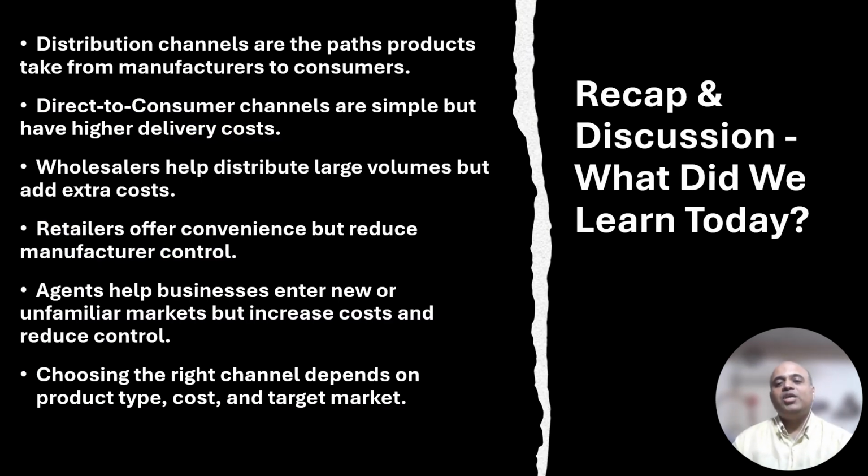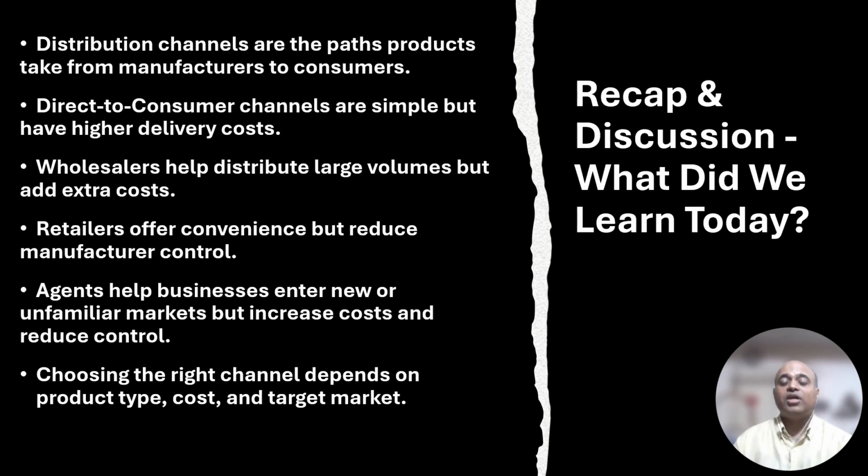Let's review the key points we covered in today's session. First, distribution channels are the paths products take from manufacturer to the consumers. Direct to consumer channels are simple but have higher delivery cost. Second, through wholesalers help distribute large volumes but add extra costs.